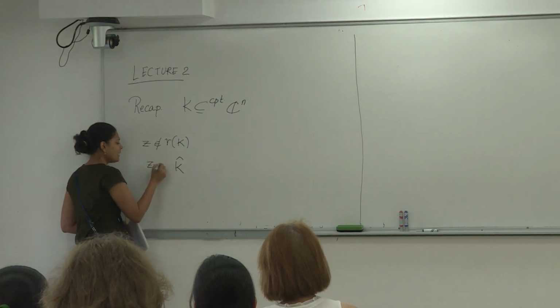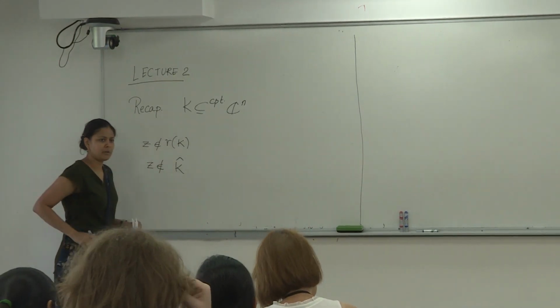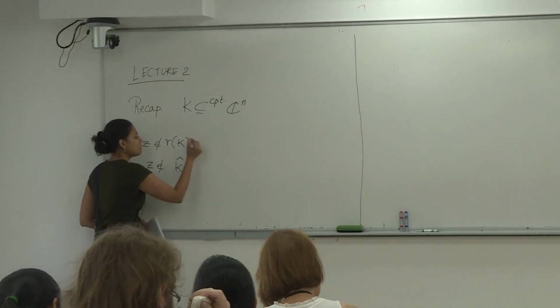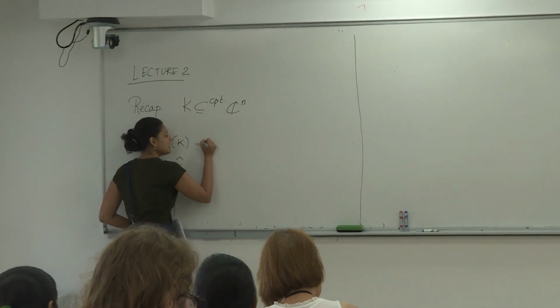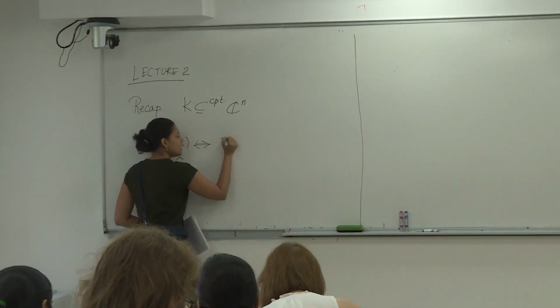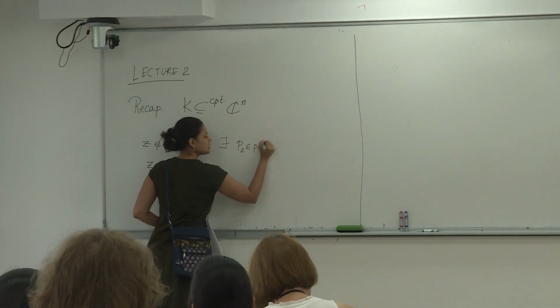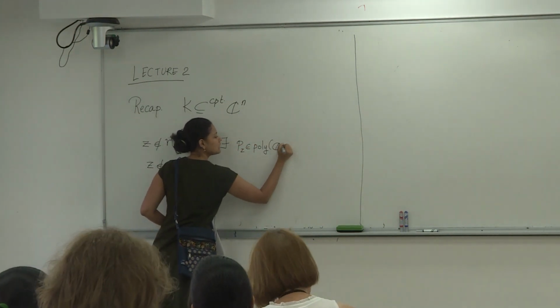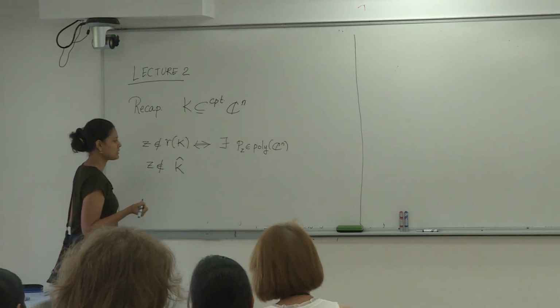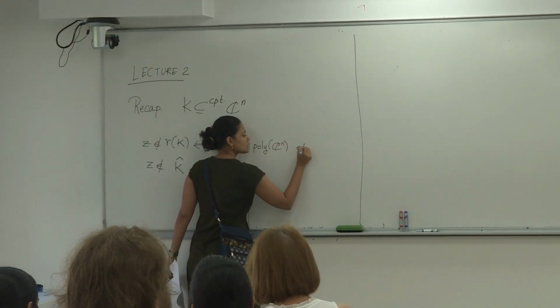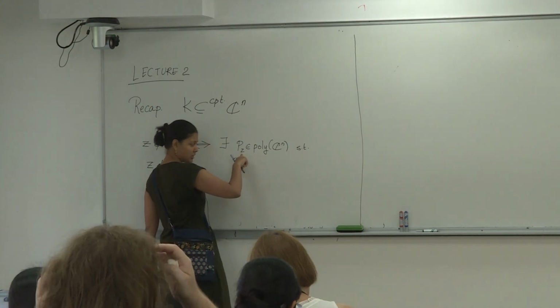In the same way, we'll try to understand what it means for something not to be in the polynomially convex hull. This happens if and only if you can find a holomorphic polynomial. Remember, this notation is for the class of all holomorphic polynomials on C^n such that P_z just means that this depends on z.